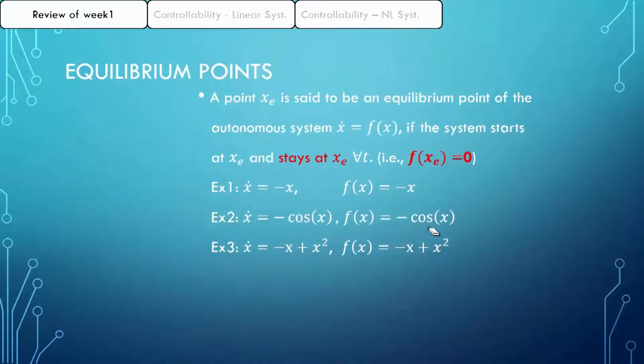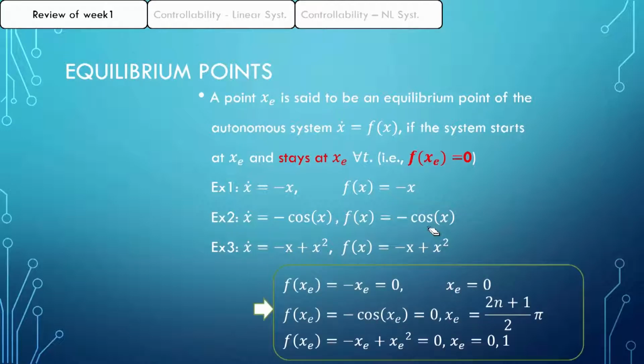Example 3 is also nonlinear, because of these square terms, so you will expect to obtain multiple equilibrium points. In the third example, you get 2 equilibrium points, which are 0 and 1. So this page told you how to obtain the equilibrium point.